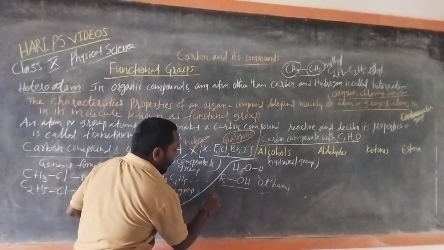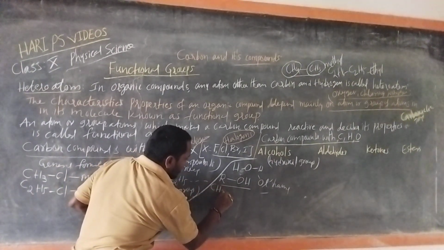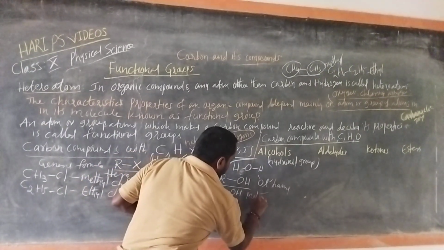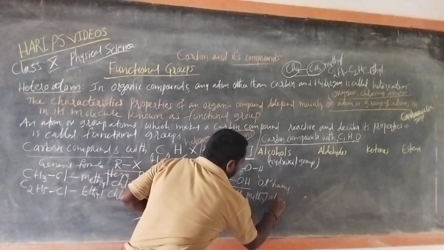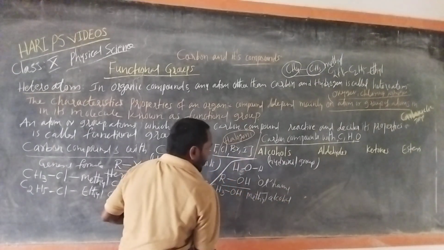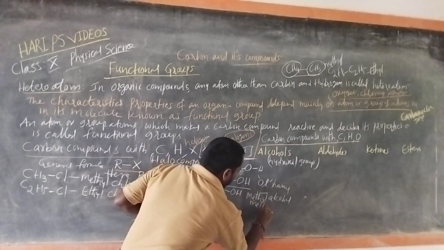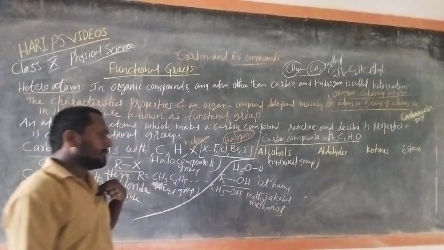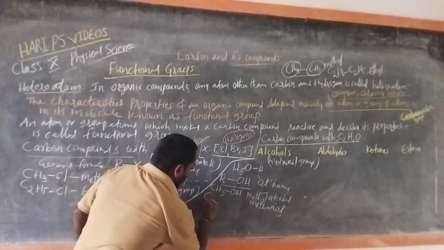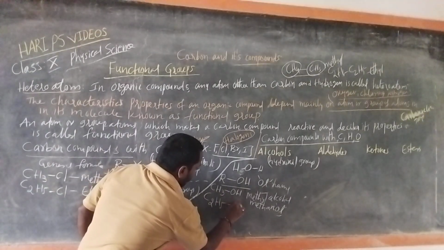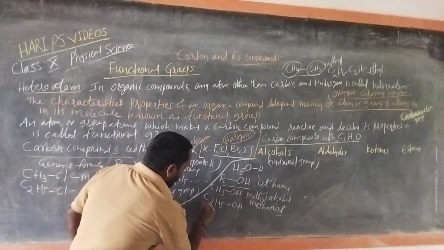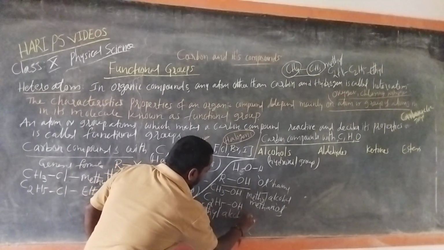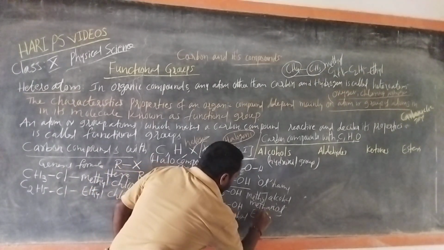In place of R, if you write CH3OH, it is methyl alcohol, or you can name it methanol. Similarly, C2H5OH is named ethyl alcohol or ethanol.